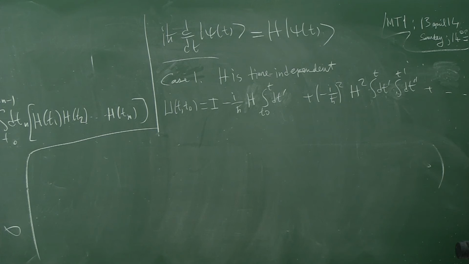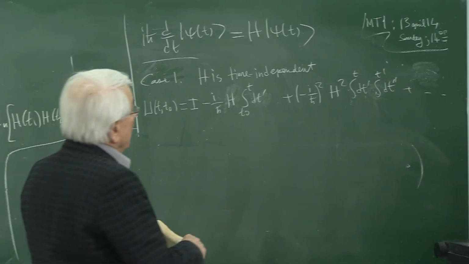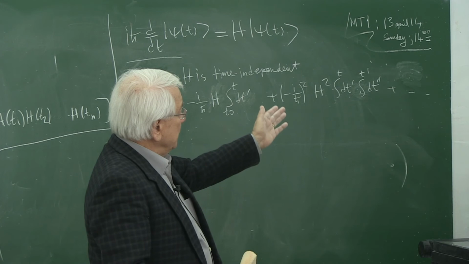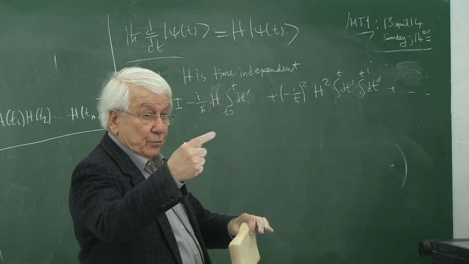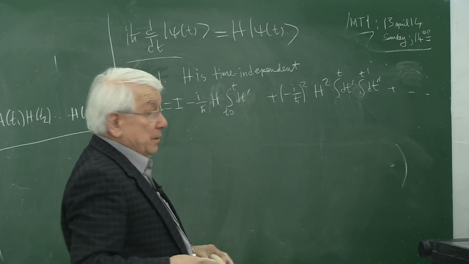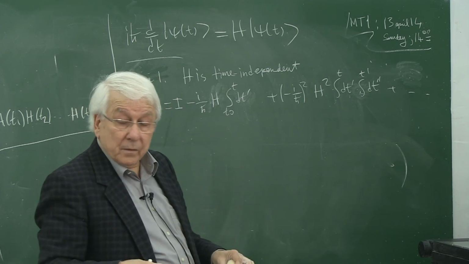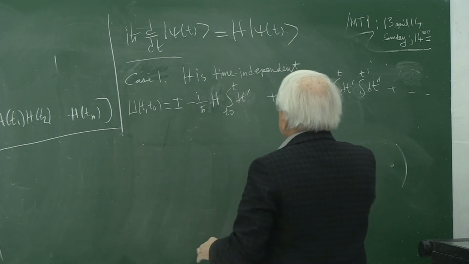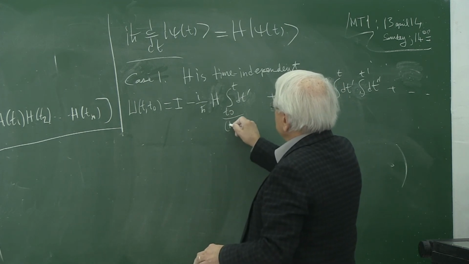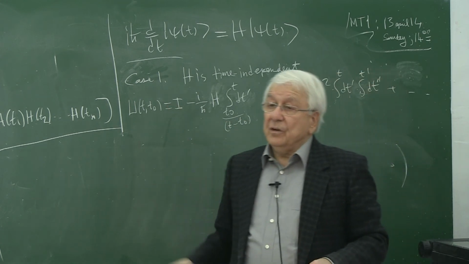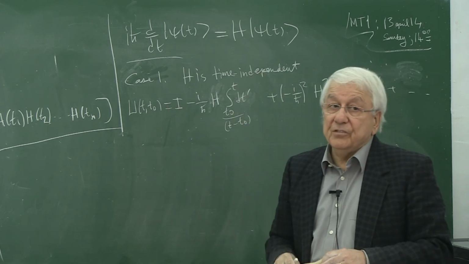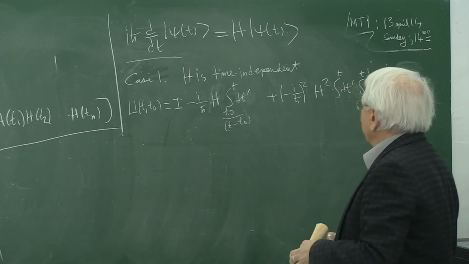Let's work it out. And the third one is integral dt prime, dt double prime, dt triple prime, and all the integrals should be up to the limit of the other one. Well, this one is easy: t minus t prime, sort of mimicking that solution that we have directly constructed, the leading term at least.